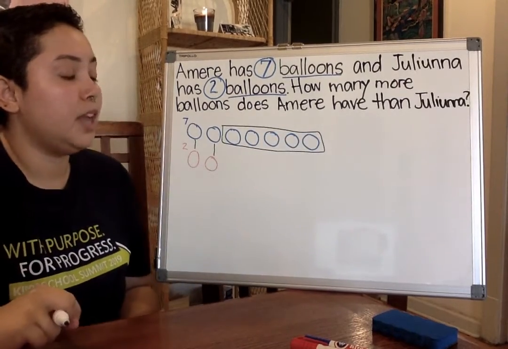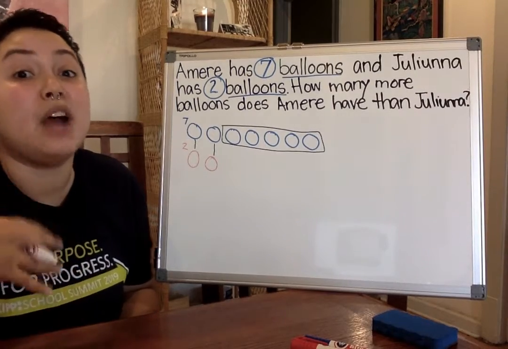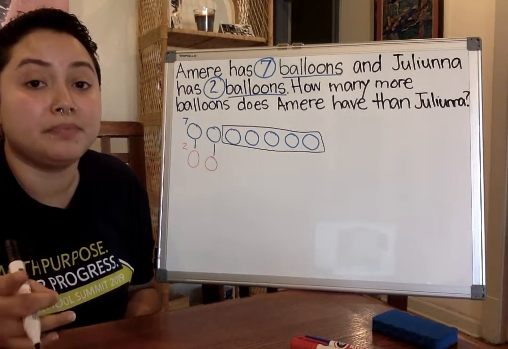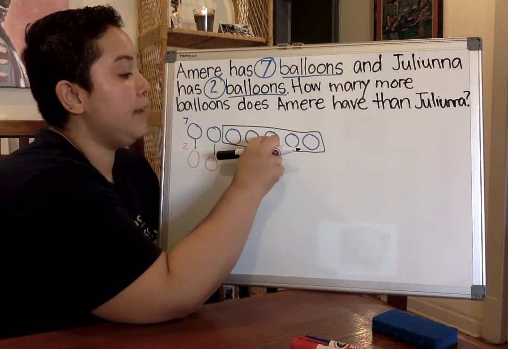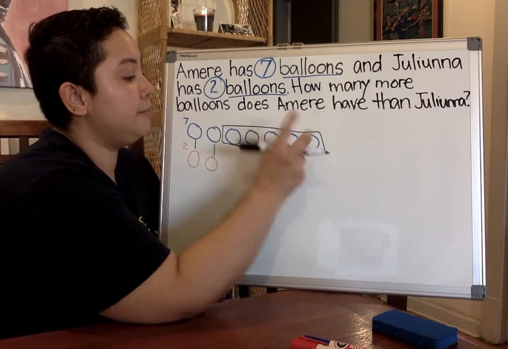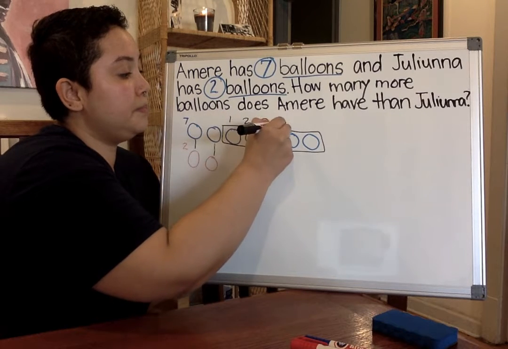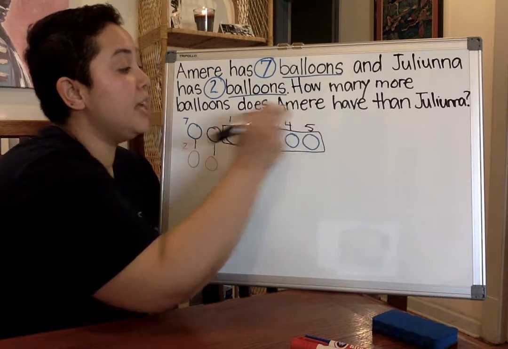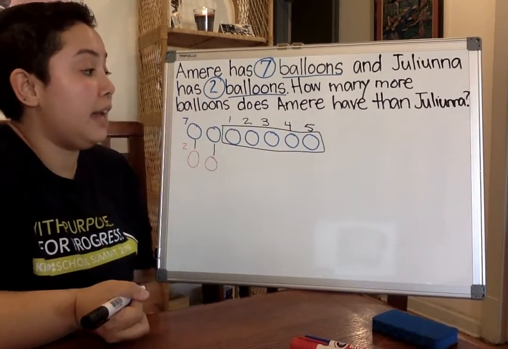I counted 5 balloons. I'm going to go back and count it again. 1, 2, 3, 4, 5. So I see that Amir has 5 more balloons than Juliana.